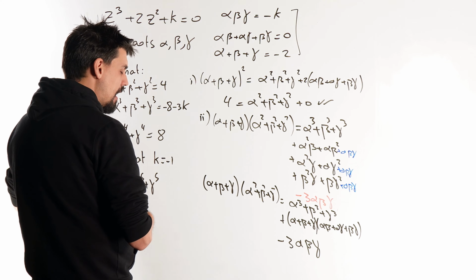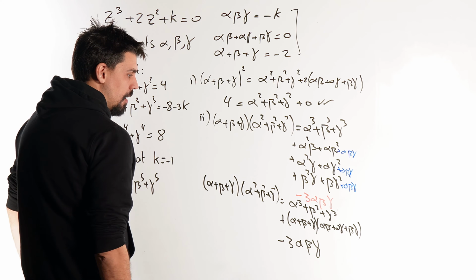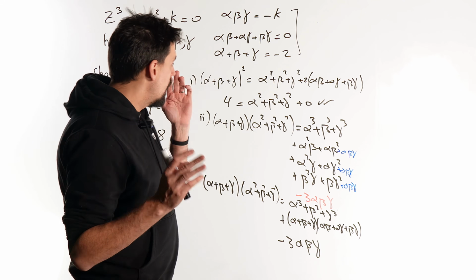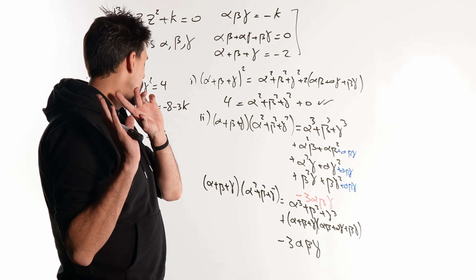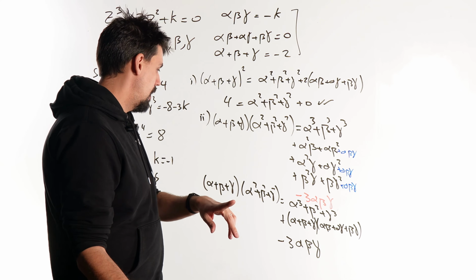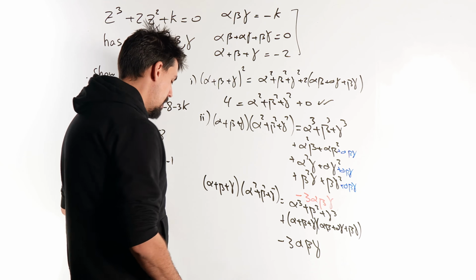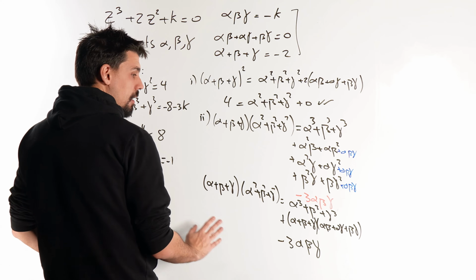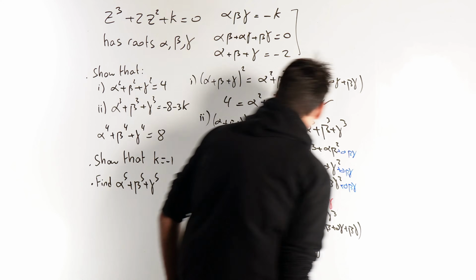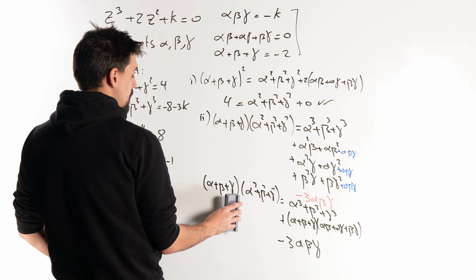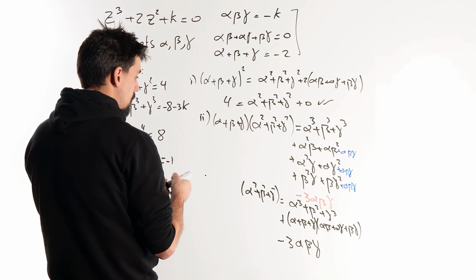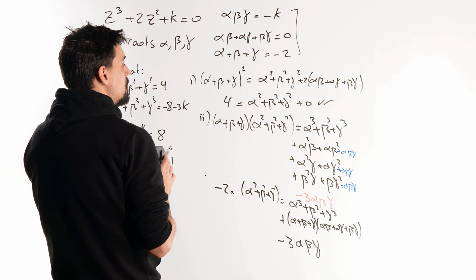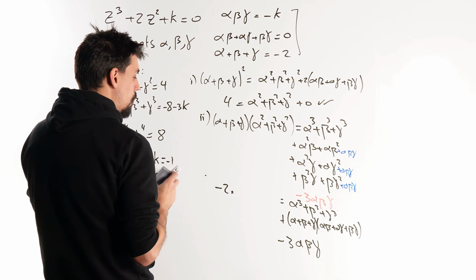And we can play with that, and we can get everything we need out of that. Now, that is not fun. Right? What do I end up with? Let's get this out, because we are running low on space. Alpha plus beta plus gamma we said was minus 2. Alpha squared plus beta squared plus gamma squared we said was 4.